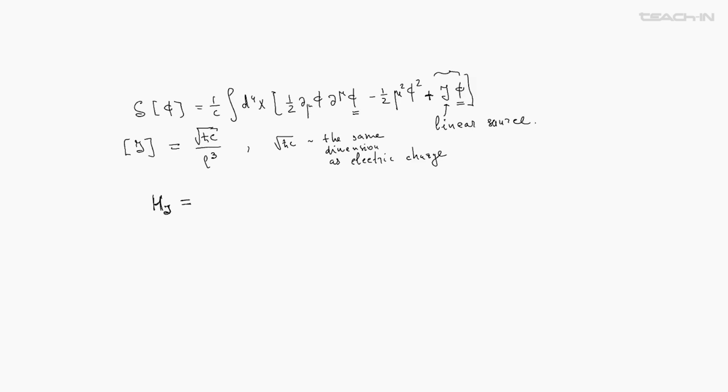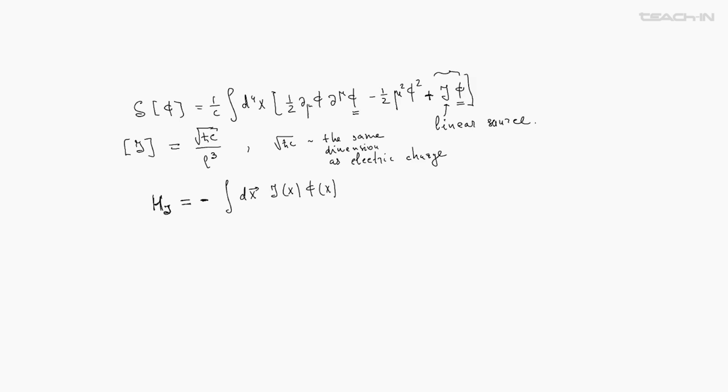So there will be minus the three-dimensional integral over spatial directions, J(x) phi(x). So this is an extra contribution to the energy coming from the interaction of our field with this external source.